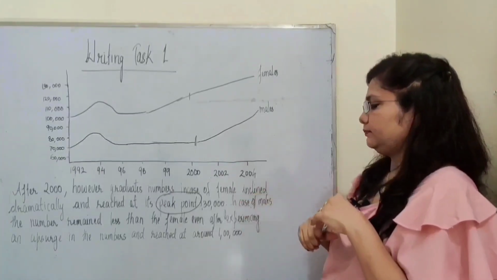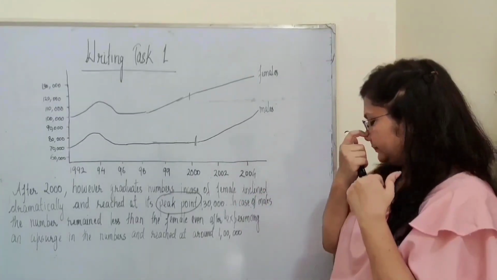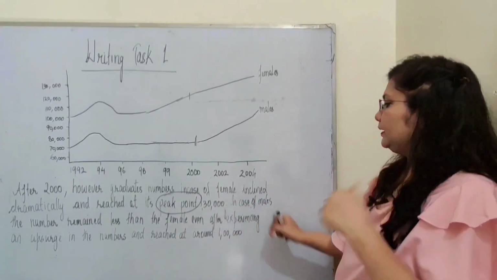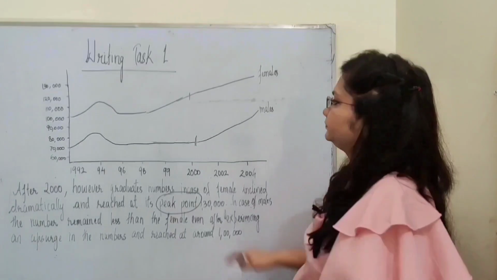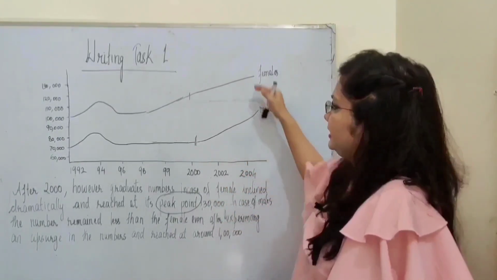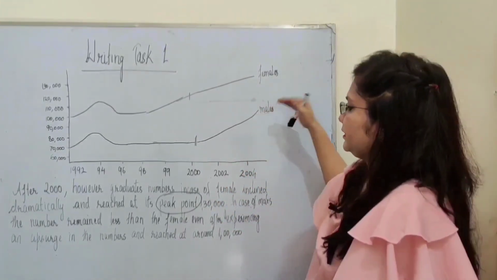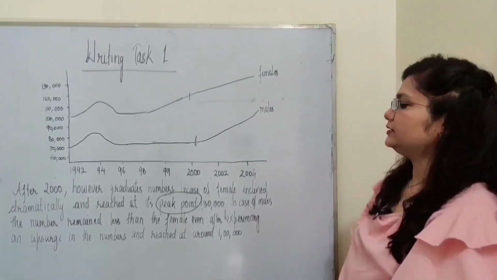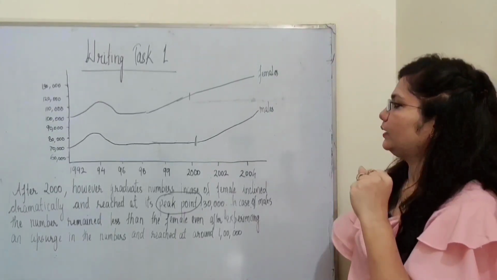So you can write peak point, highest level, and it reached up to 1,30,000. In case of males, the number remained less than the females even after experiencing an upsurge and reached around 1 lakh.